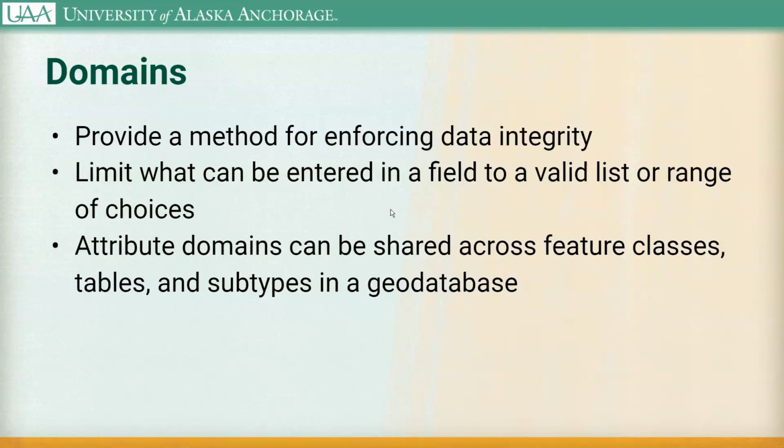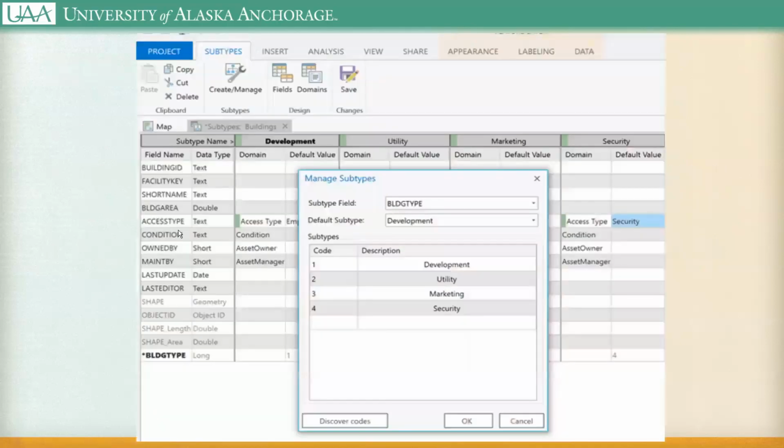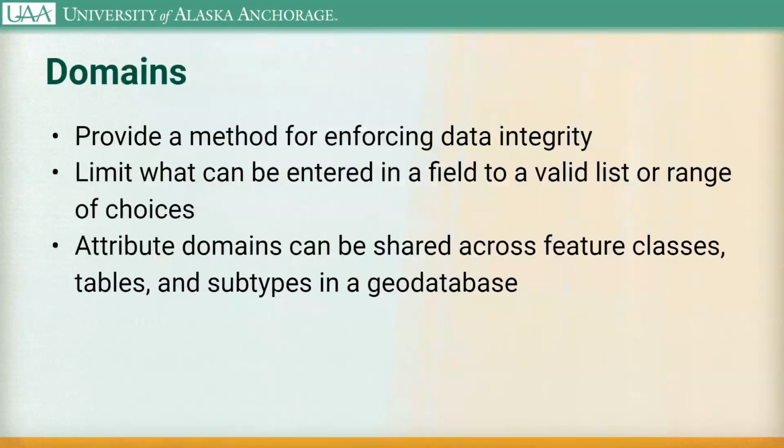On that one, you would set up a domain, which would be this access type table. And these are the only entries that can go in that field because you've defined a domain that goes with it. And then you can limit those by subtype and bring the two concepts together.